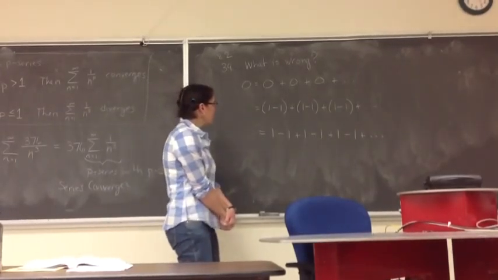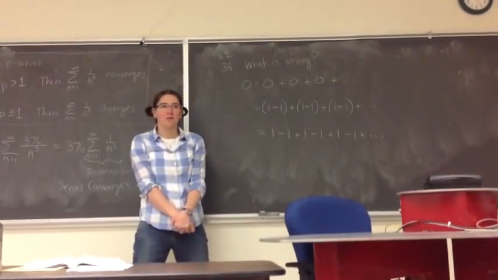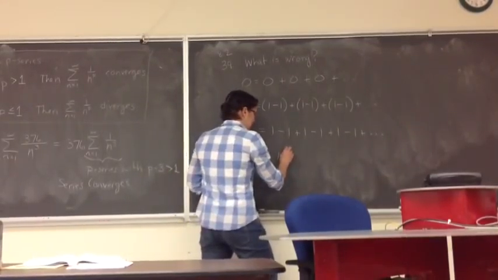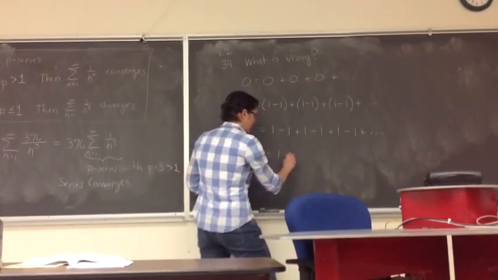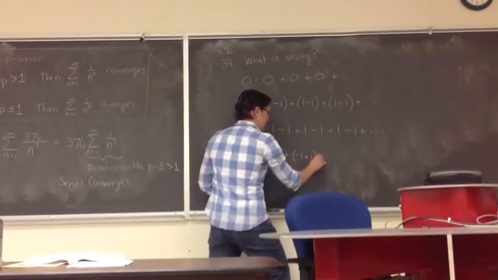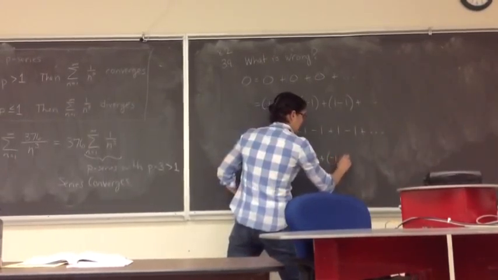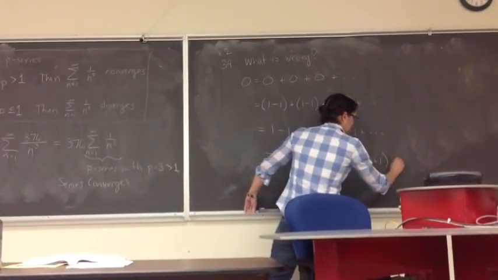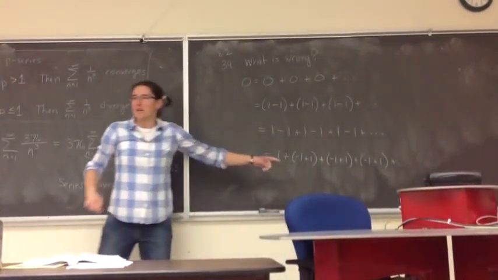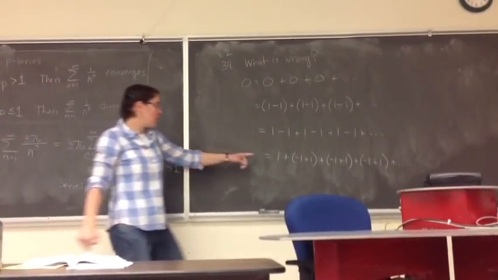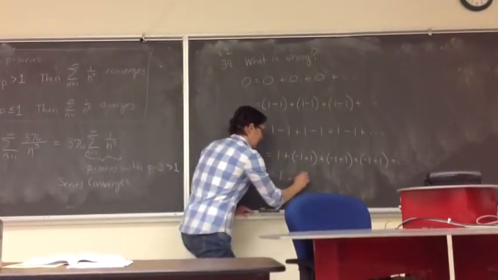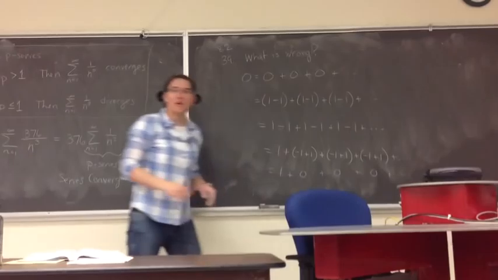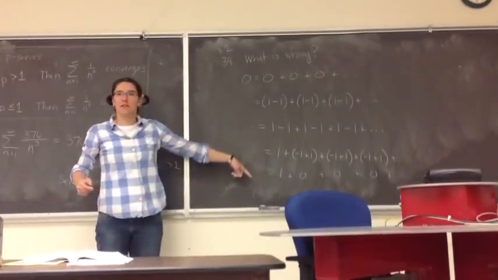So we've gotten rid of the parentheses, and oh look, if I reintroduce the parentheses, I would have to do this as 1 plus negative 1 plus 1 plus negative 1 plus 1 plus negative 1 plus 1 plus dot, dot, dot. And so now it looks like we have 1 plus 0 plus 0 plus 0 plus dot, dot, dot, which suddenly means that 0 is equal to 1.